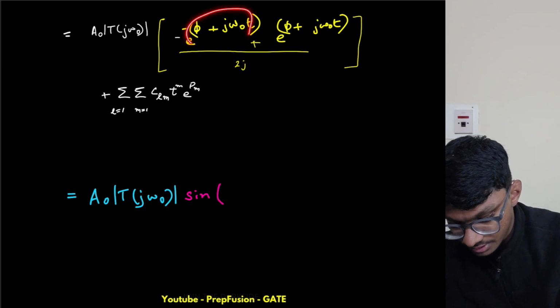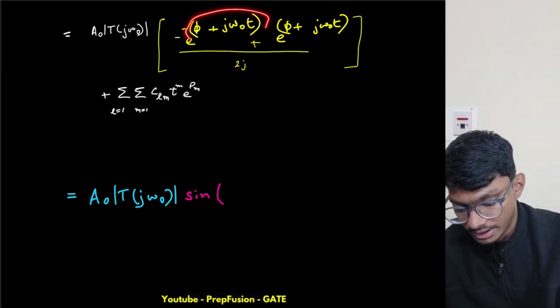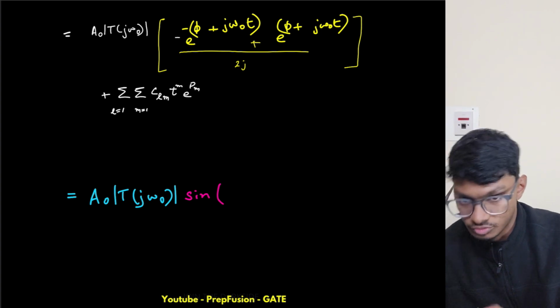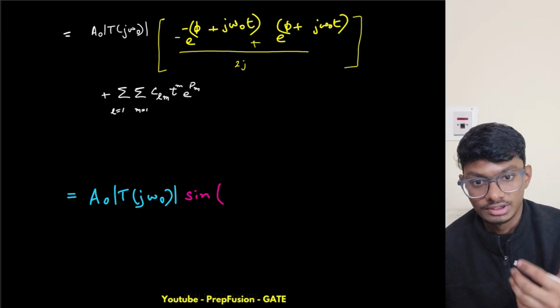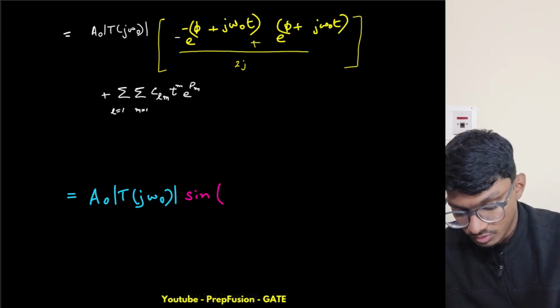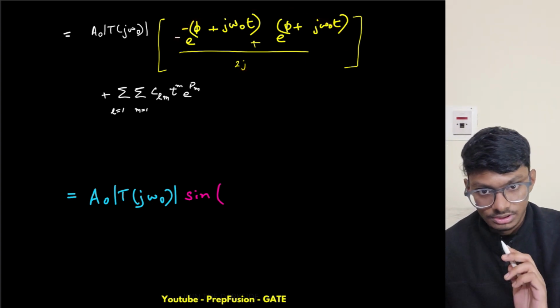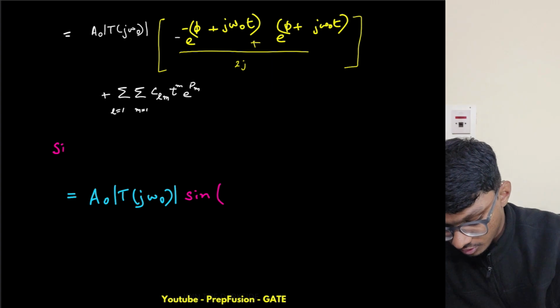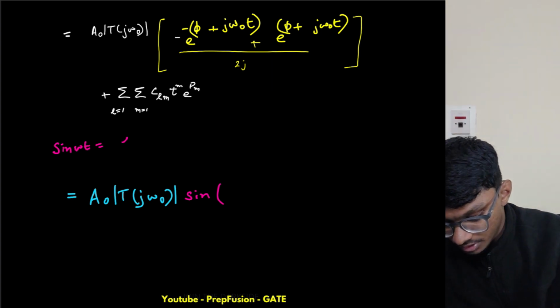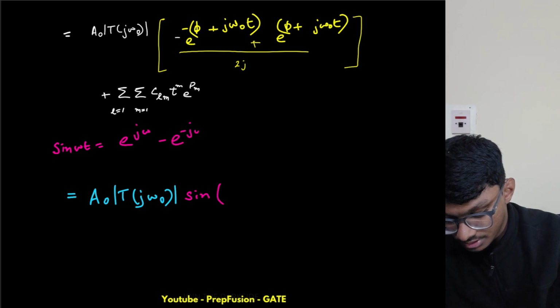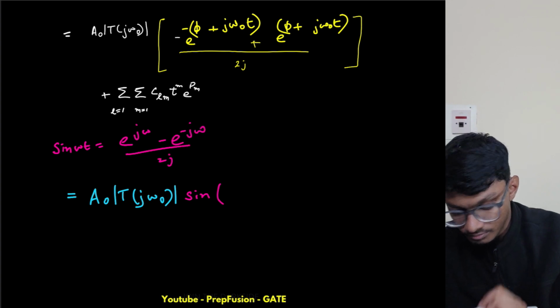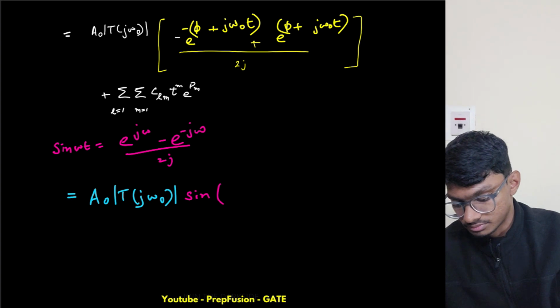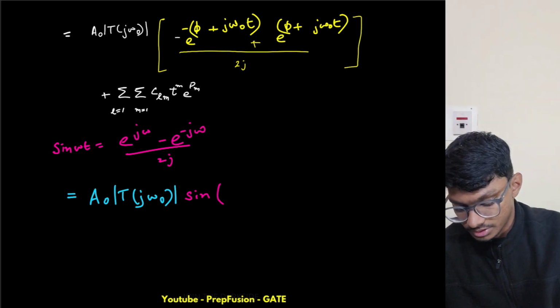Now this term is the sine term, basically the angle. I hope you understand how to break down sine in terms of exponentials. So what is sine omega t? You can write it as e raised to power j omega minus e raised to power minus j omega, by 2j. This is how you can write a sine term in terms of exponentials.